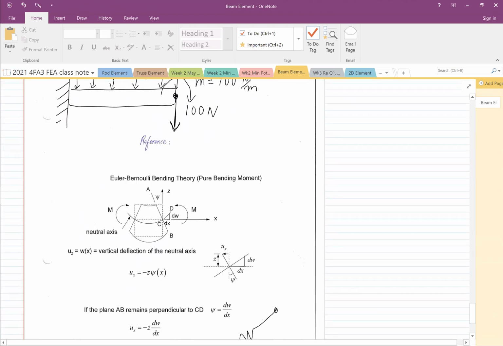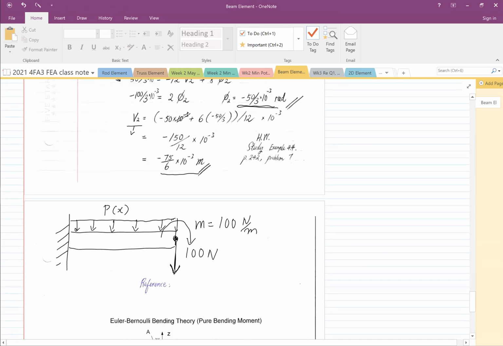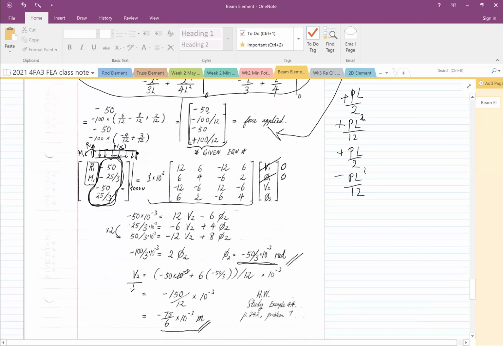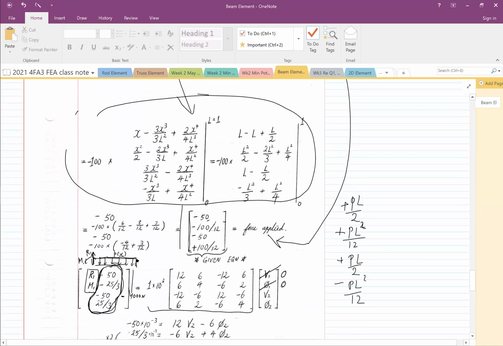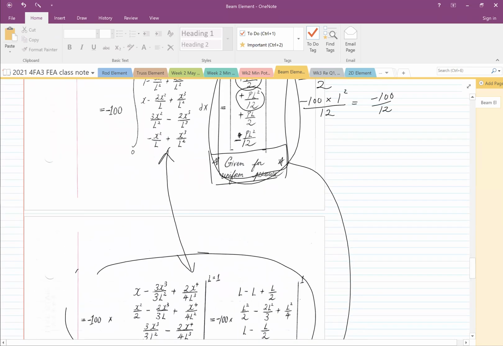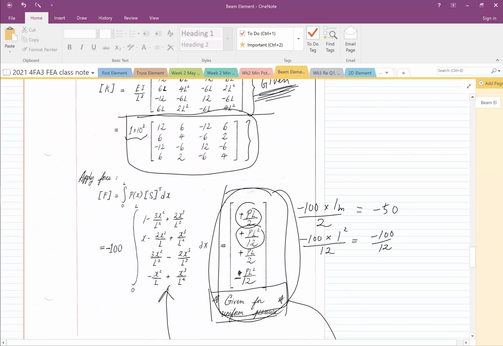Chris. Yep. What's up? I think I was a little confused. So for the applied force matrix for the beam, is the WL over 2 and WL squared over 12, does that apply for just an applied force as well?